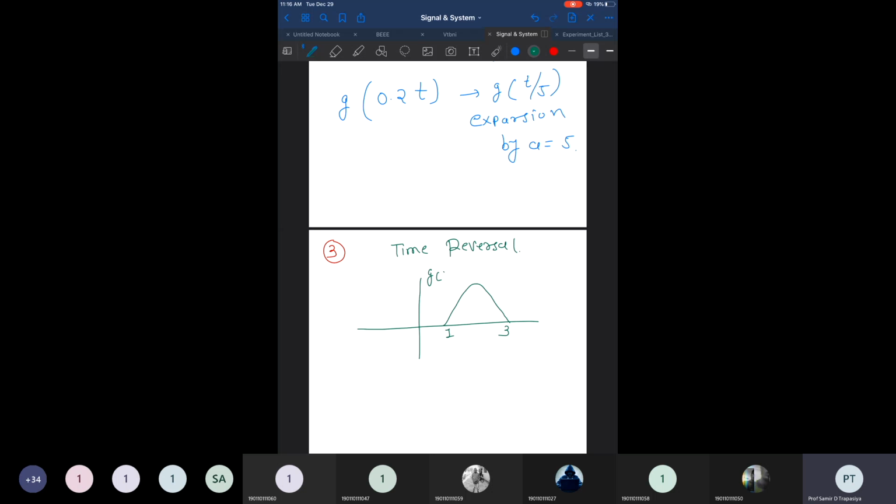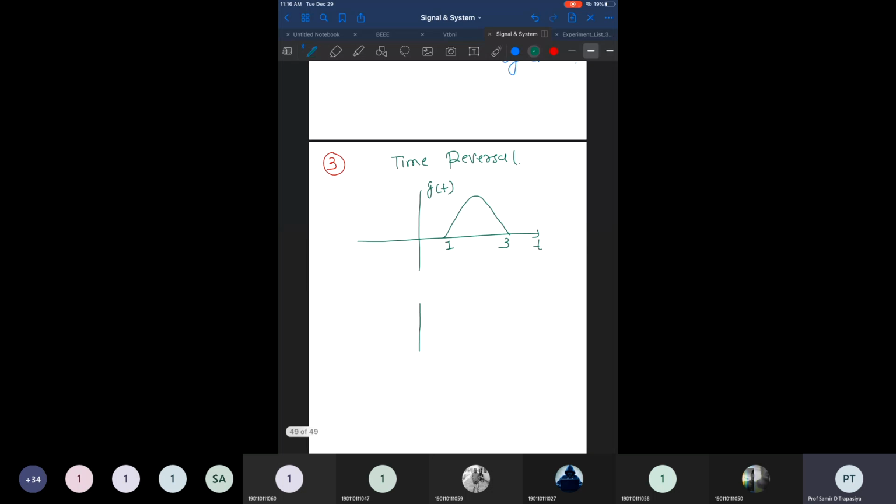And if I flip this signal over the y-axis, this portion here, then it becomes like this, -3, -1, and so on.